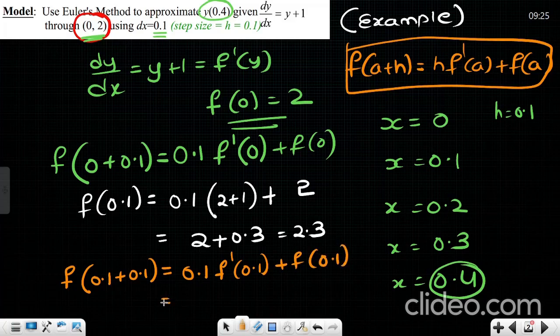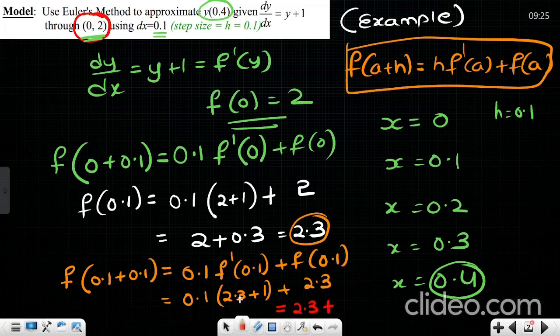If you see carefully, 0.1 into f dash of 0.1 will be whatever the y value is, plus 1. At 0.1 the y value is 2.3. So 2.3 plus 1, plus f of 0.1, which we already got as 2.3. So how much will be the answer for this?